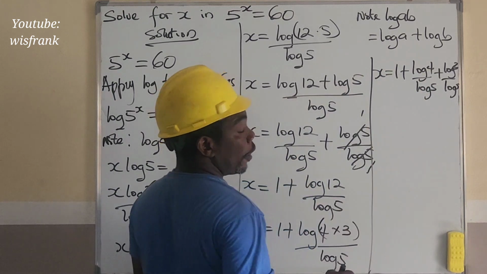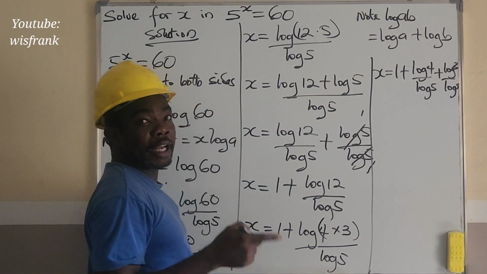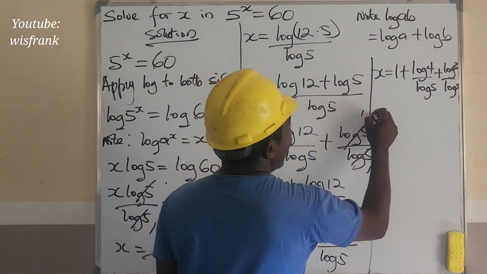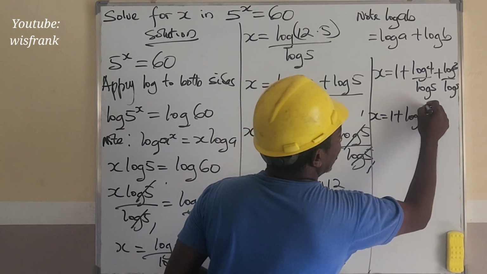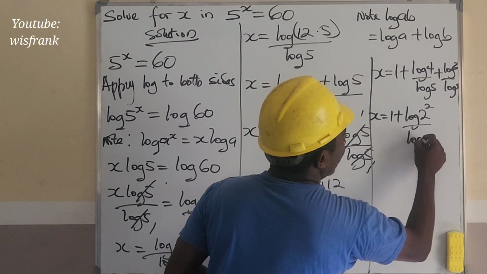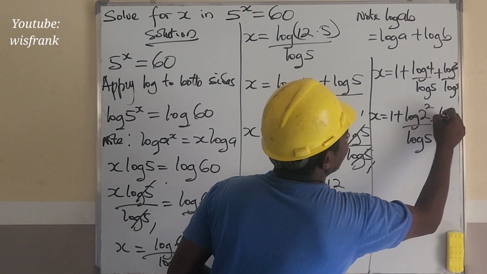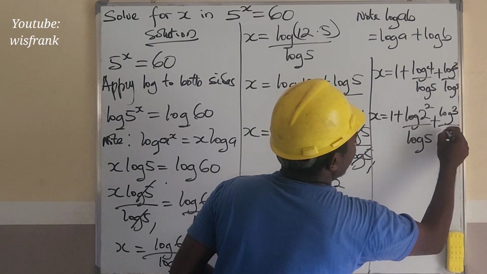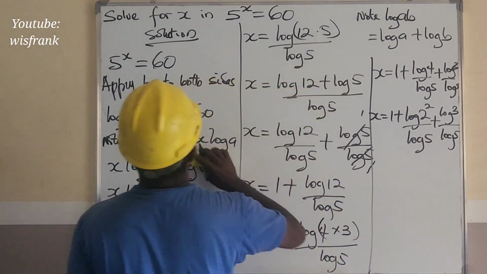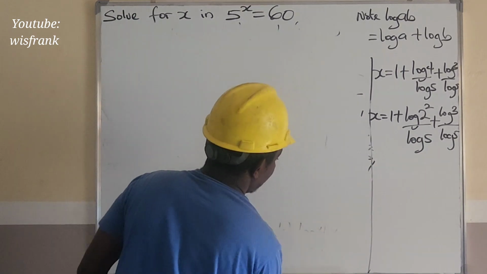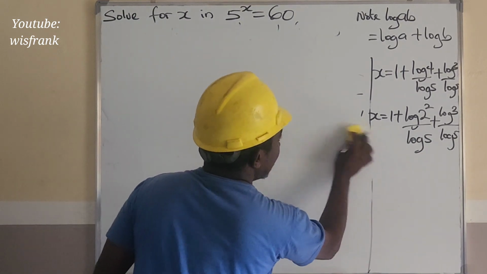Log 4, 4 can be written as 2 to the power of 2. So we have x equals 1 plus log 2 to the power of 2 all over log 5 plus log 3 all over log 5. This is too small, so let's come over to this other side so that we have space.